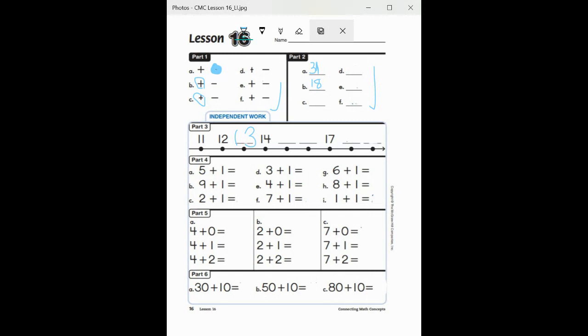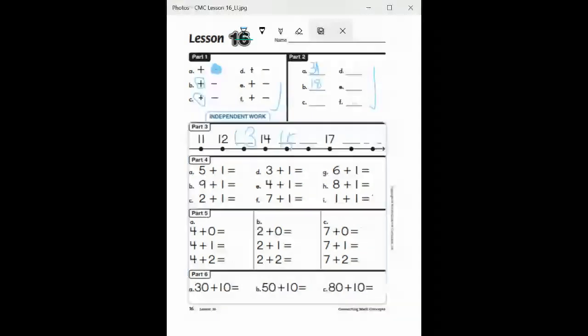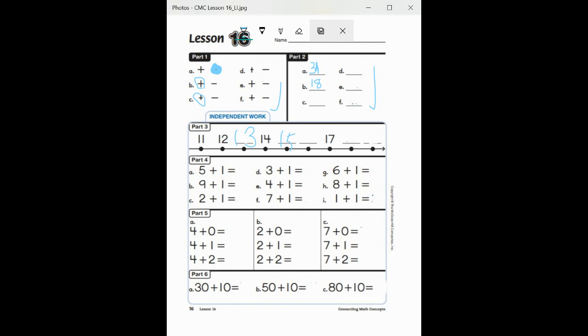What's the next number that's missing? 15. You're going to finish writing the missing numbers. 11, 12, 13, 14, 15. Fill in the next 3 missing numbers. Pause if you need time to fill this in. If you're ready, I'll move on to part 4.